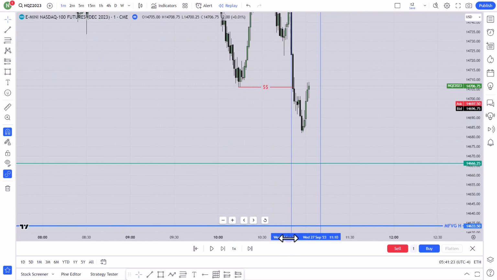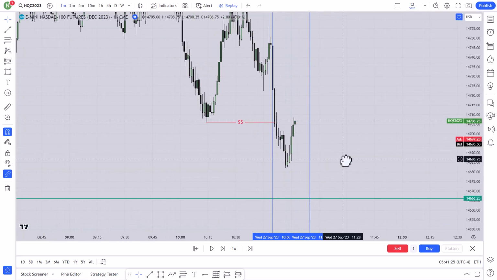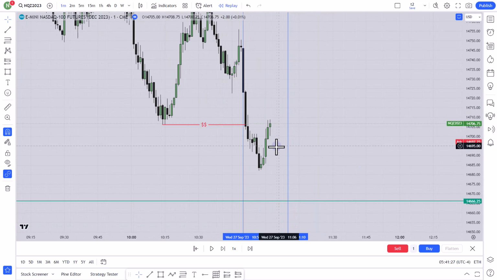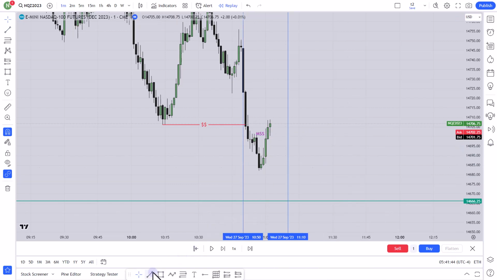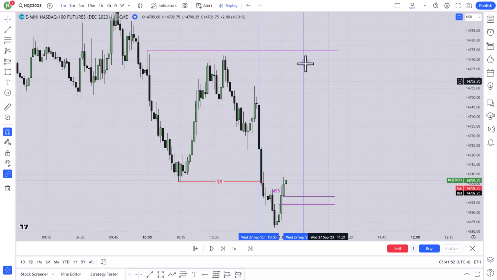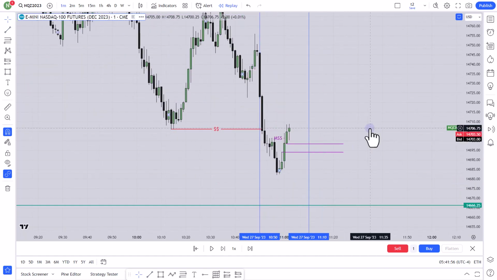Yesterday when I was not live, I was just tweeting on my Twitter. Some of you asked me, this is your market structure shift, and that is your fair value gap. So if the market can come to this fair value gap, you will take your buy, and your target will be 20 handle for the macro. And I told you that, guys, I didn't see any market structure shift over here.